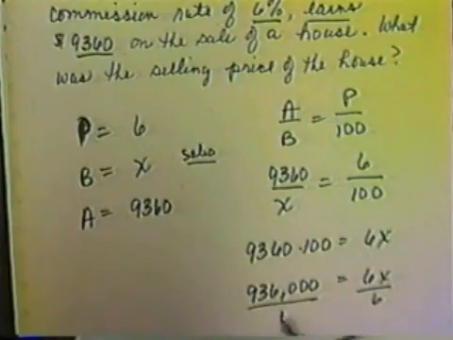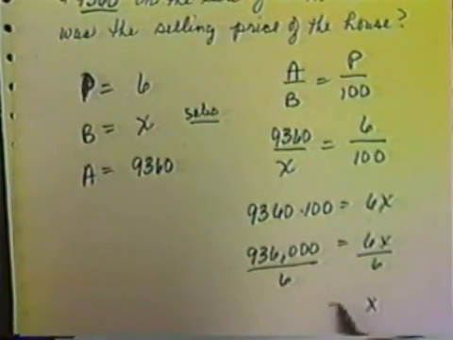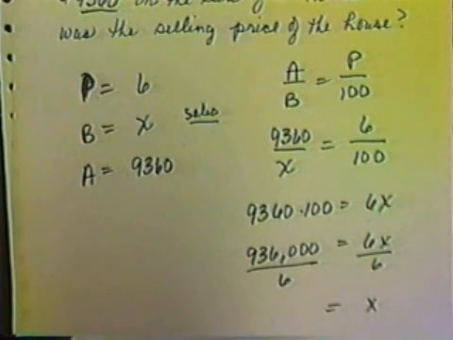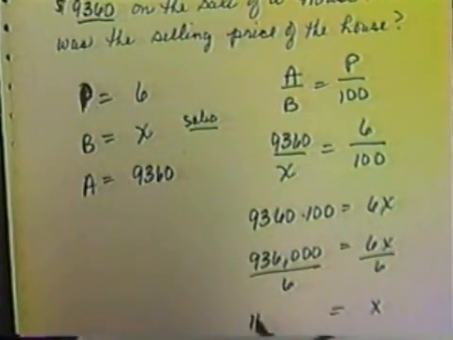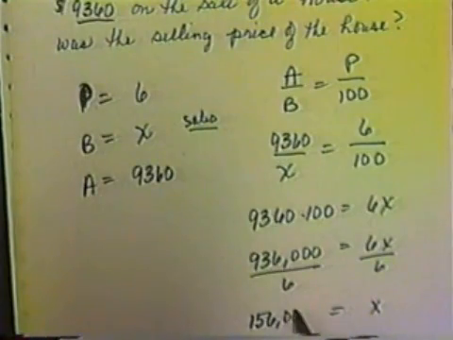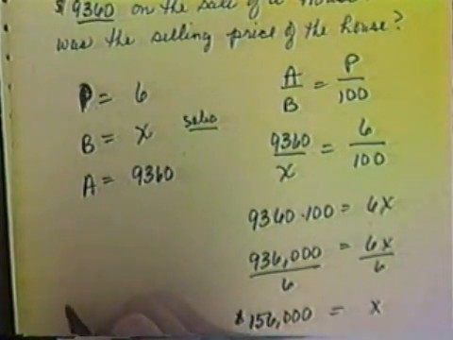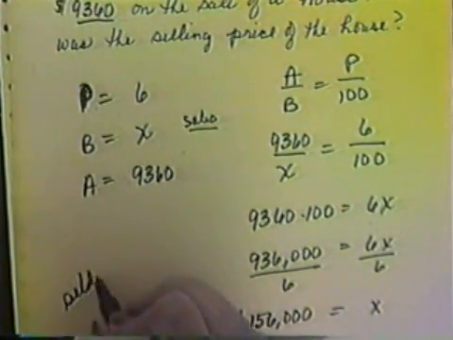Divide both sides by 6, and x turns out, let's see, what is 936,000 divided by 6? It turns out to be $156,000.